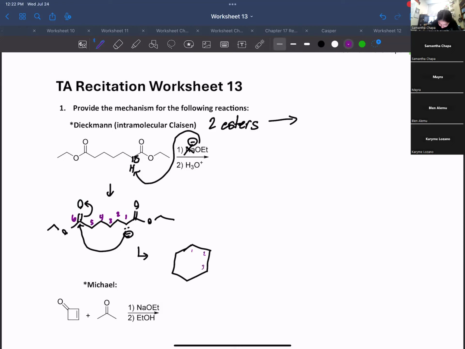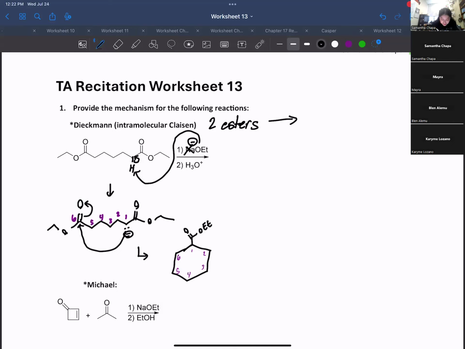I can number it however I want on this starting structure, as long as the substituents are all where they should be. So this whole structure right here on carbon number 1, we didn't mess with at all. So that's going to be coming straight off of carbon number 1. I'm going to put Et right here.